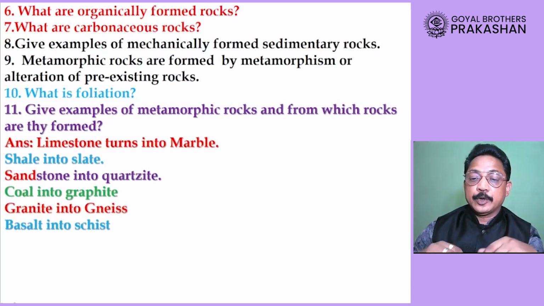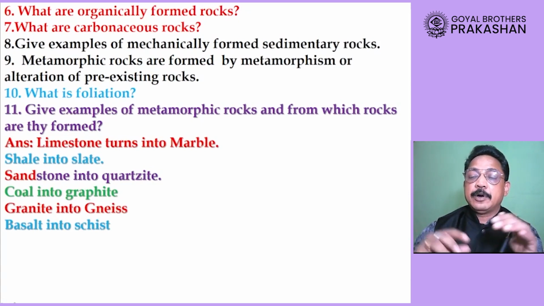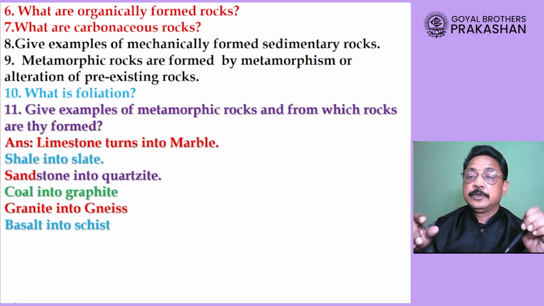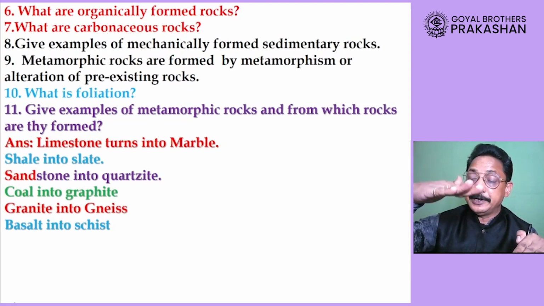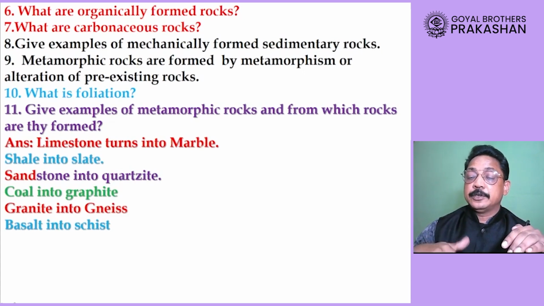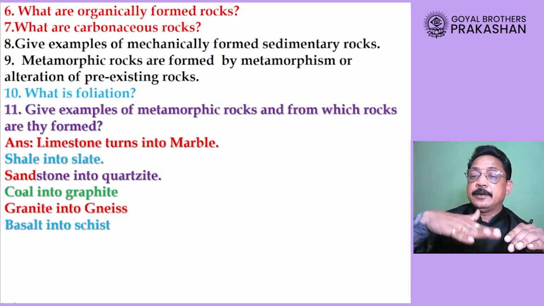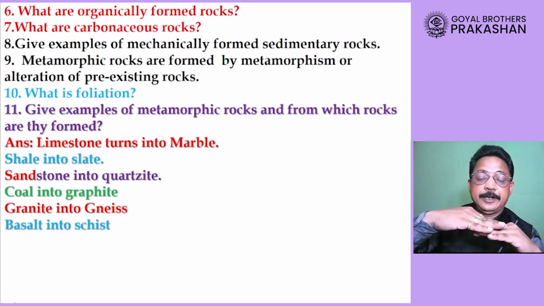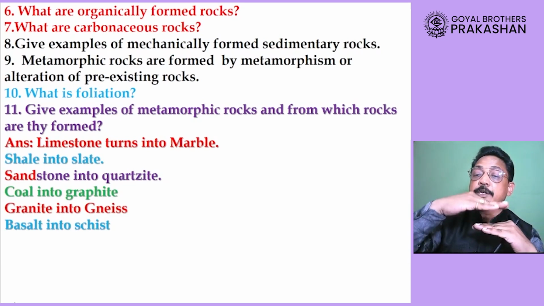Our next question now, dear student, is, what are organically formed rocks? Please remember, organically formed rocks are those rocks which are formed because of the bodies of plants and animals which get buried under the soil, and besides that soil, there is a layer of water on the top.